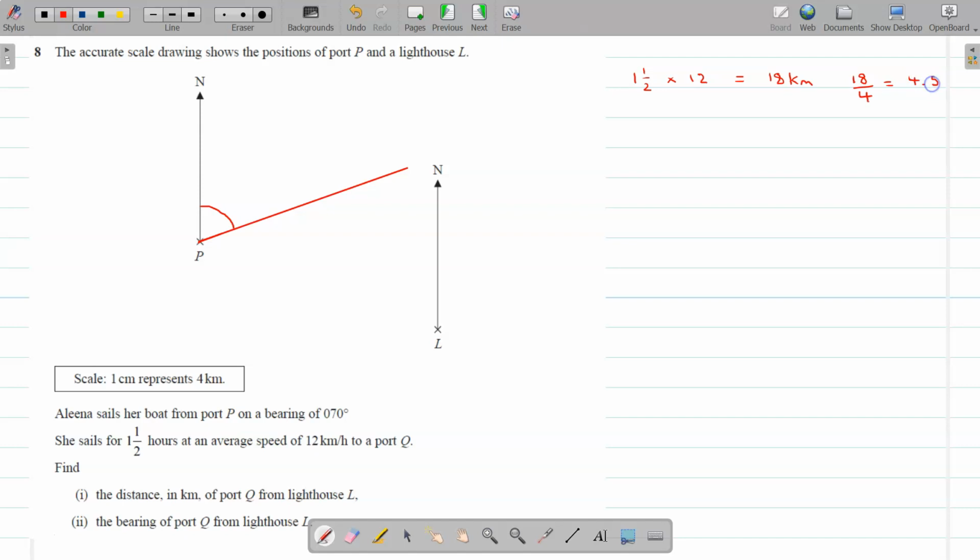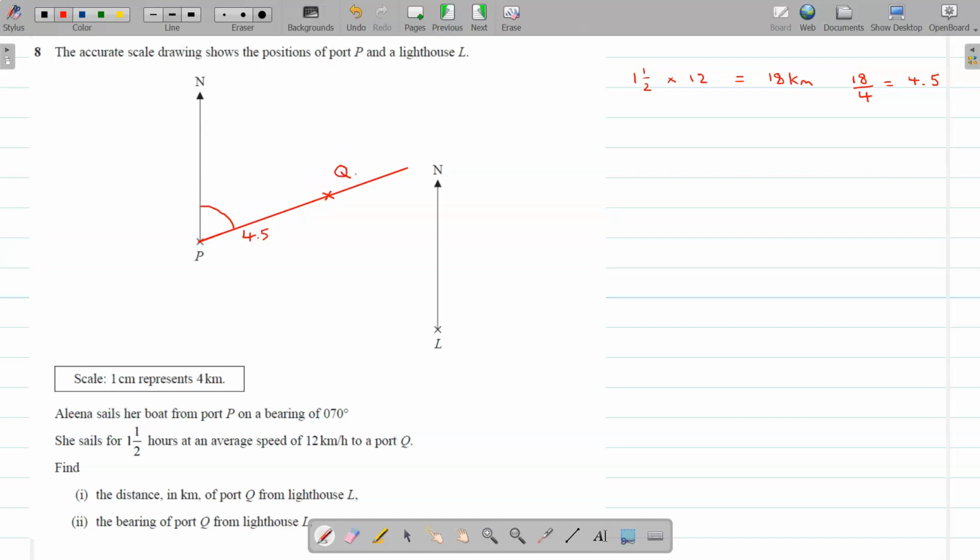So that's the distance on the diagram. So I would get my ruler and measure 4.5 centimeters and put a little mark. Now it's about there somewhere, but you would have to measure it yourself on your diagram. 4.5 centimeters, and that's going to be the port Q.